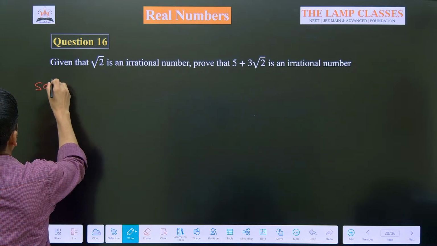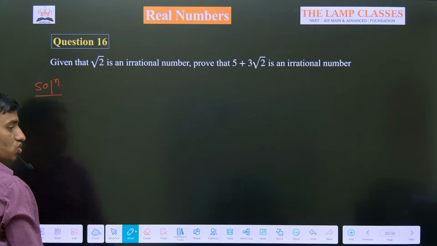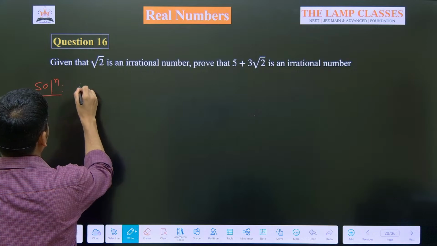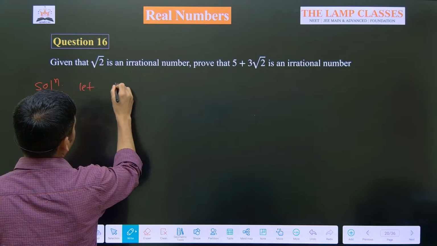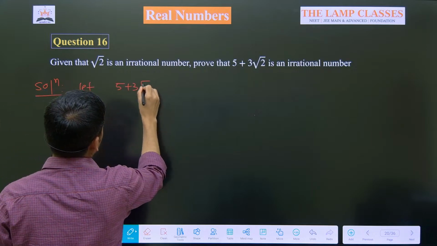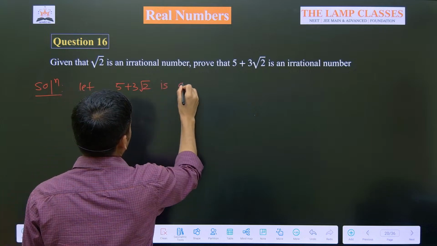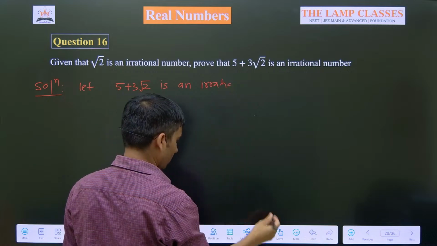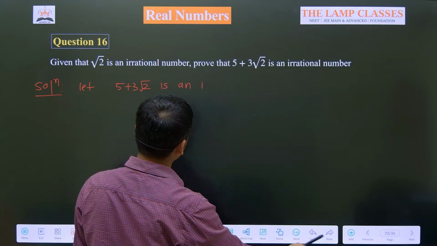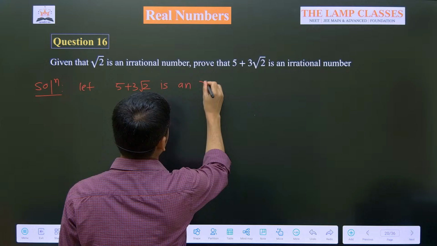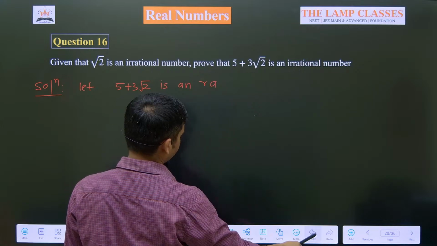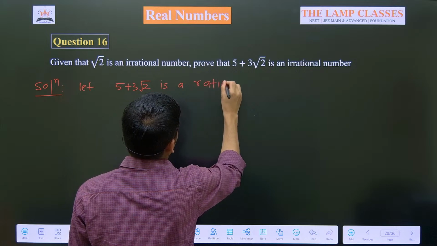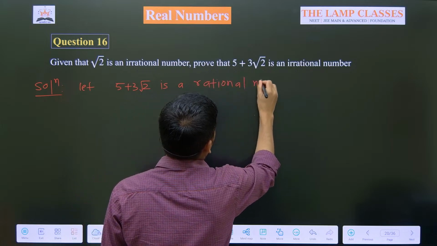Whenever they ask you to prove the number is irrational, we assume that the number is rational, right? So let 5 plus 3 root 2 be a rational number. Sorry, you have to assume that it is a rational number.